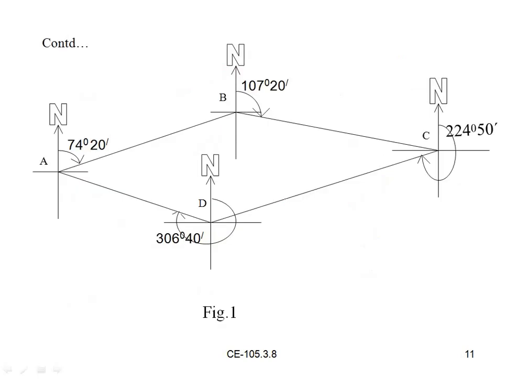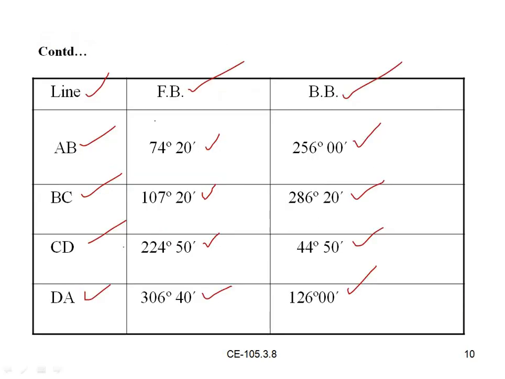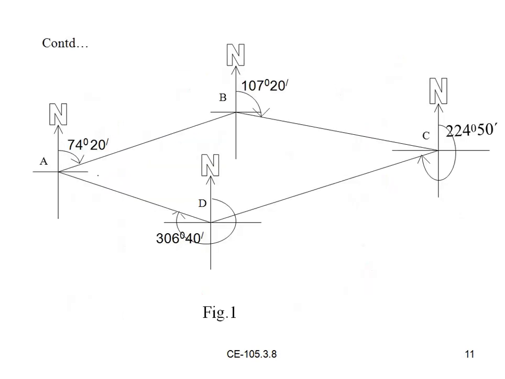So let us draw the diagram first. You can see here the diagram shown in the display. The first one is 74 degrees 20 minutes, the line AB. So this is the first point A. From here it starts to the point B in the first quadrant, 74 degrees 20 minutes.